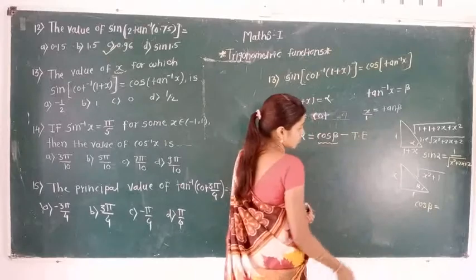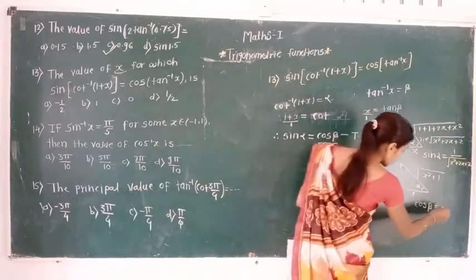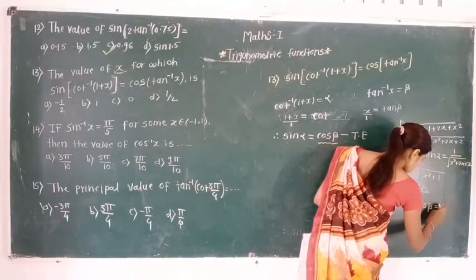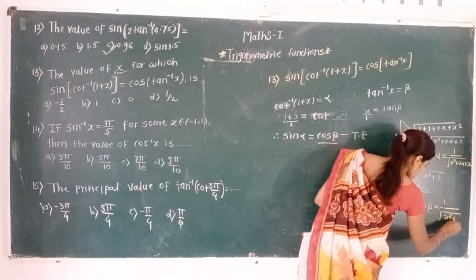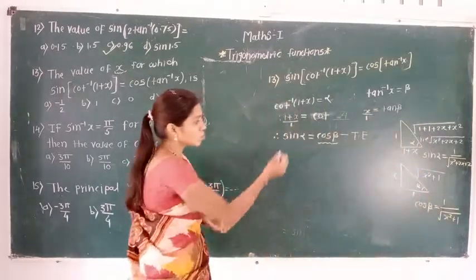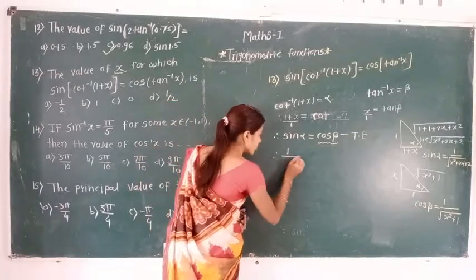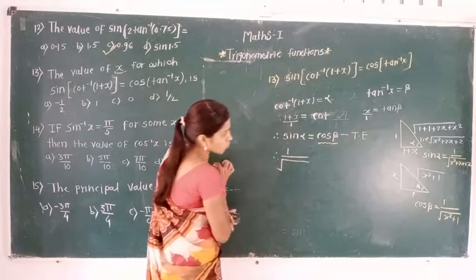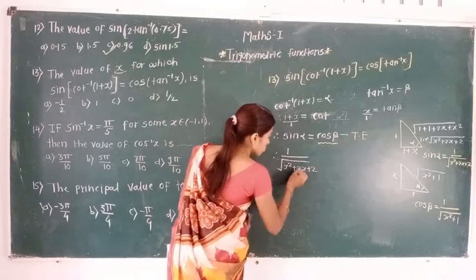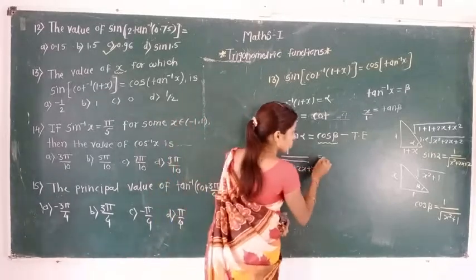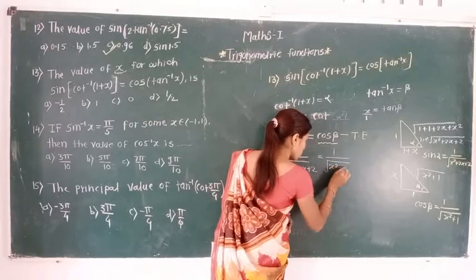Cos beta is adjacent side upon hypotenuse. Adjacent side is 1 and hypotenuse is root of x square plus 1. So put all those values in this equation. Sin alpha is 1 divided by square root of x square plus 2x plus 2, and cos beta is 1 divided by square root of x square plus 1.